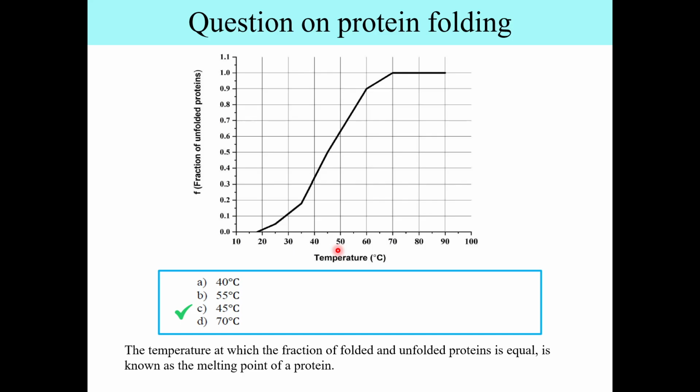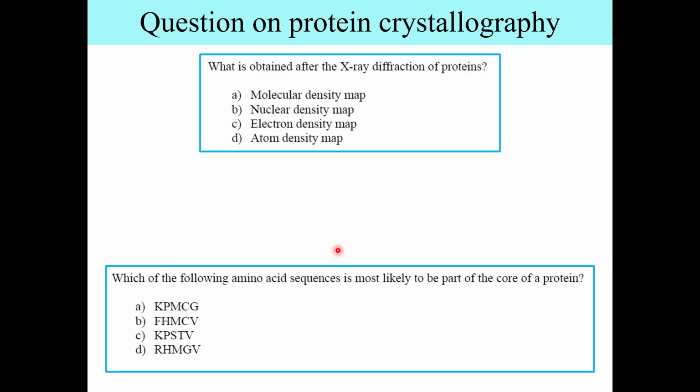The next question is, which of the following amino acid sequences is most likely to be a part of the core of the protein? Now amongst these combinations, you have to find out exactly which combination has the most number of hydrophobic residues, because they are more likely to be at the core of the protein. Correct?